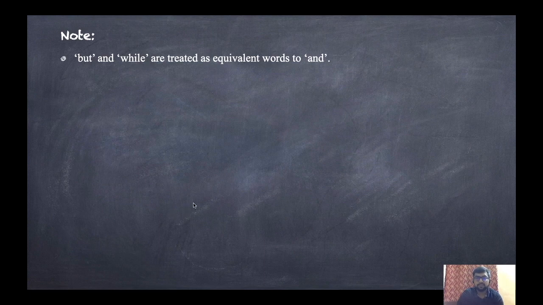So whenever you see but and yet, it is also considered as and. Now P and Q is true only when both are true. That means whenever both statements are true, it is true. Otherwise, it is false. So this one is important.